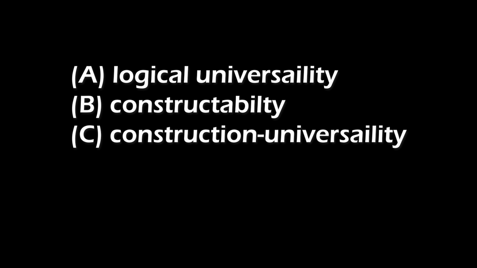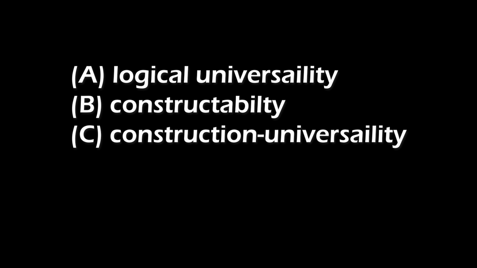Question A. Logical universality. Can any single automaton perform all the logical operations which are performable with finite but arbitrarily extensive means? Question B. Constructability. Can automata be constructed by other automata? Question C. Construction universality.